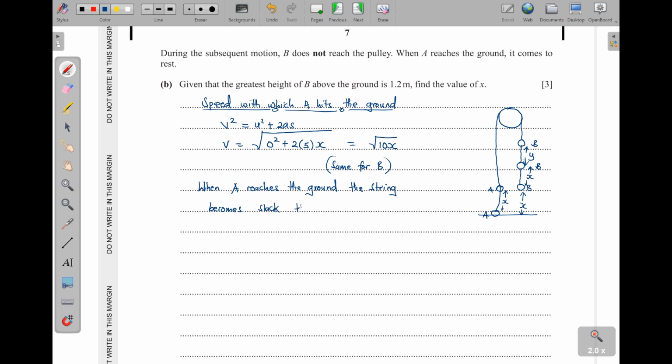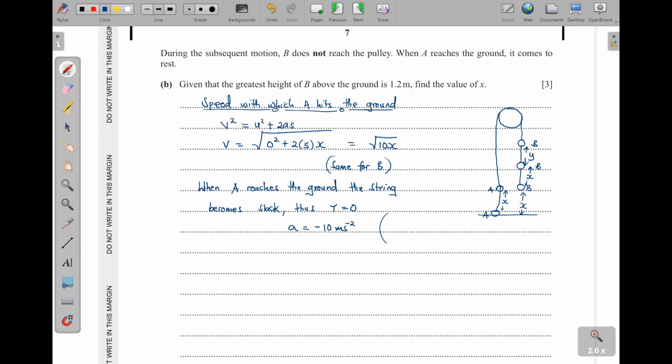Therefore, the tension in that string is equal to 0. So if the tension is equal to 0, then we need to find the acceleration of the movement here, and this is vertical motion, so acceleration is going to be -10. Acceleration here is equal to -10 meters per second squared.